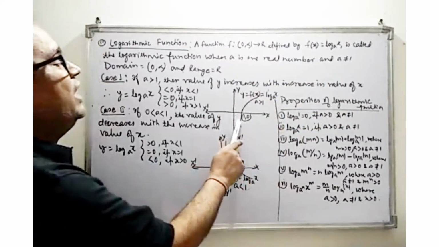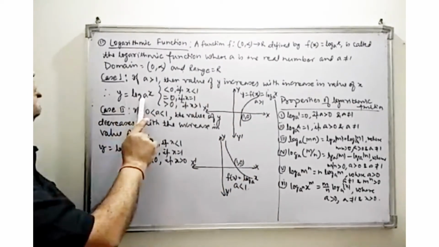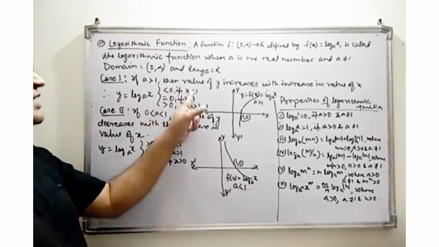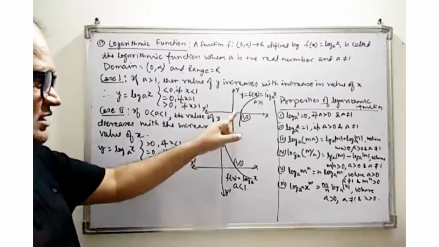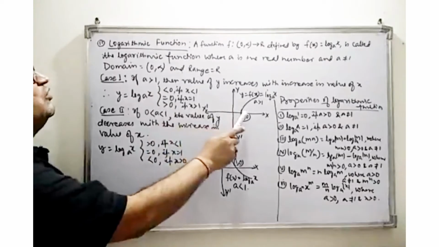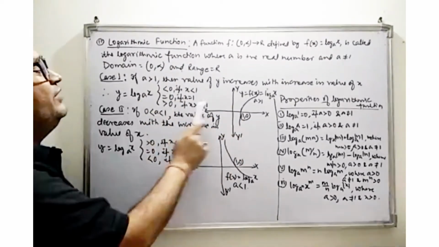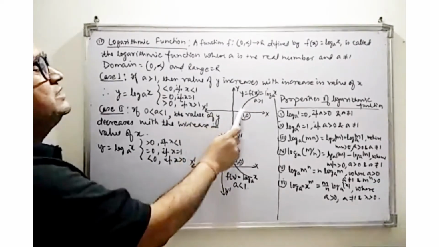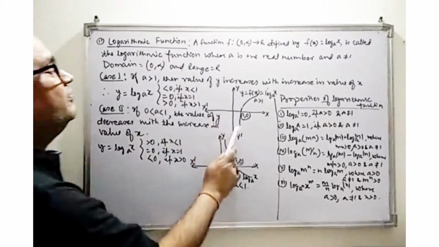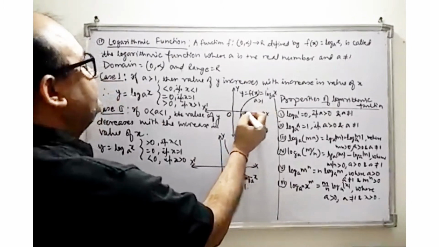How is it? y = log x to the base a is less than 0 if x is less than 1, equal to 0 if x equals 1, and greater than 0 if x is greater than 1.